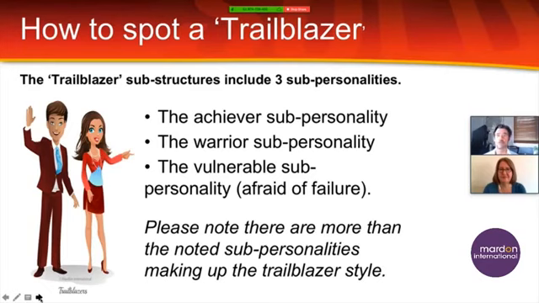Georgina, I'll give this one to you as well. So there are many more subpersonality styles that make up the Trailblazer style, but three of the top ones are, the first one is the achiever subpersonality. So the Trailblazer is always wanting to be able to tick those boxes to get things done quickly. And so the achiever is quite a dominant subpersonality for the Trailblazer, as is the warrior.